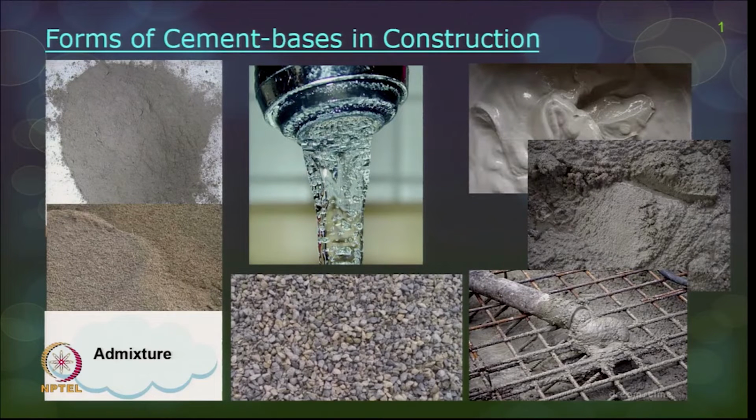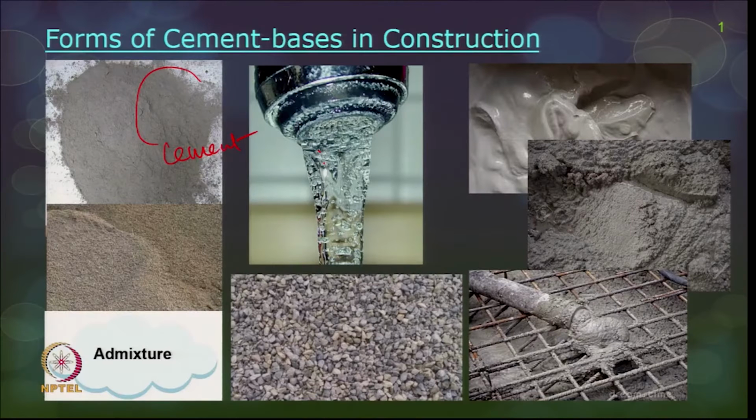Now, a quick introduction to what is concrete. Everyone knows what cement is, and when it is mixed with water, we get a cement paste, which is used like a glue or a binder in construction.